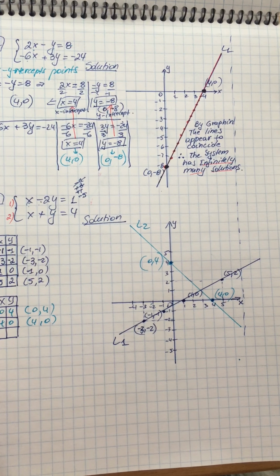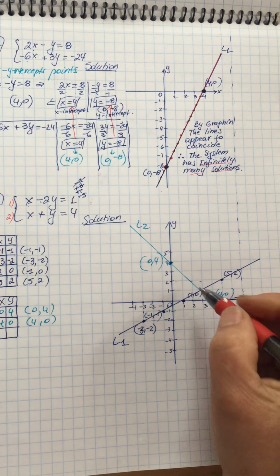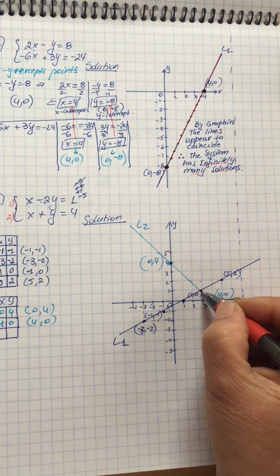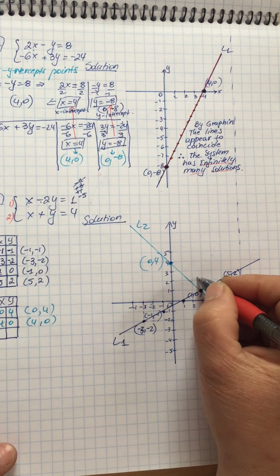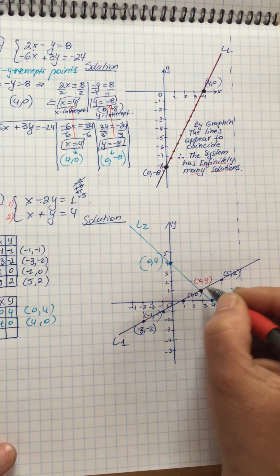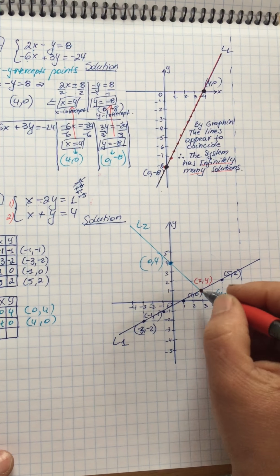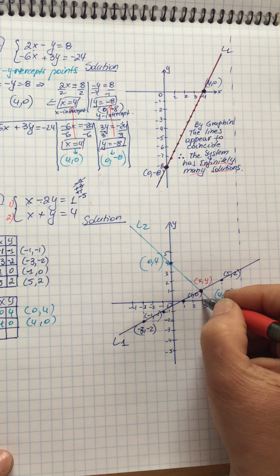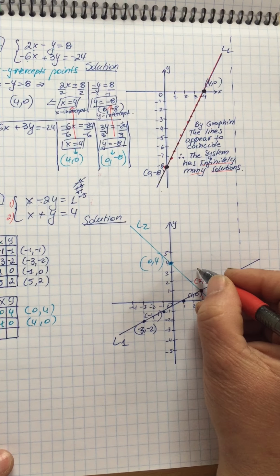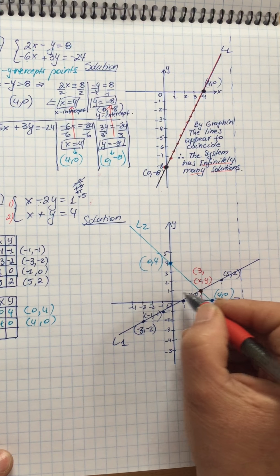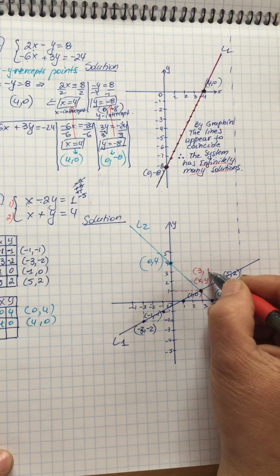And now I see that the lines intersect. Now I know that the intersection point will be the solution for my system, and I need to find the values of the coordinates. So x is 3 and y is 1.